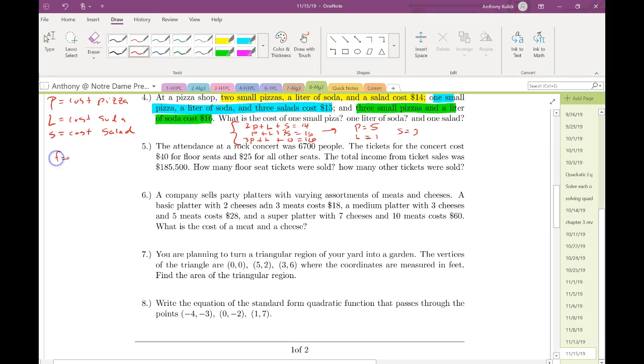Right, well, F is going to be the number of floor seats then. And I'll use T for the number of other seats. And I guess let's use capital letters here. A lowercase t looks an awful lot like a plus sign. That feels dangerous to me. I'm getting confused halfway through this.